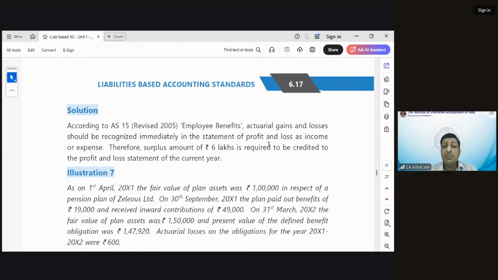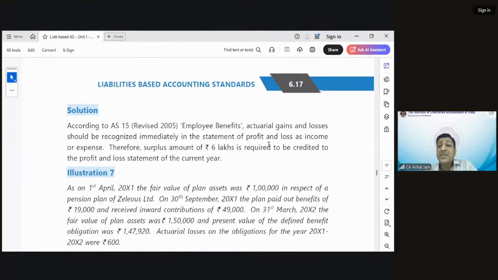On 30th September X1, plan paid out benefits of 19,000. Some benefits have been paid. When you pay the liability, you use the funds from this asset.